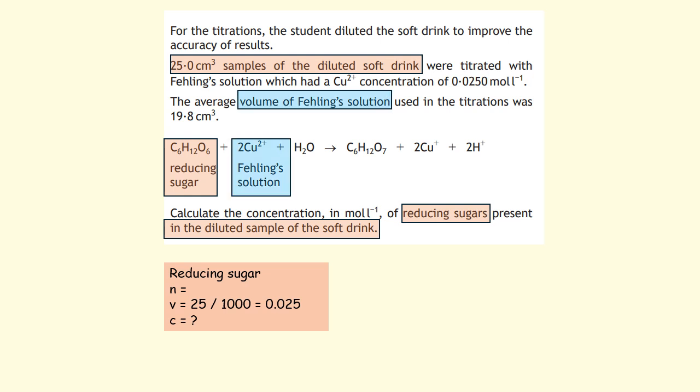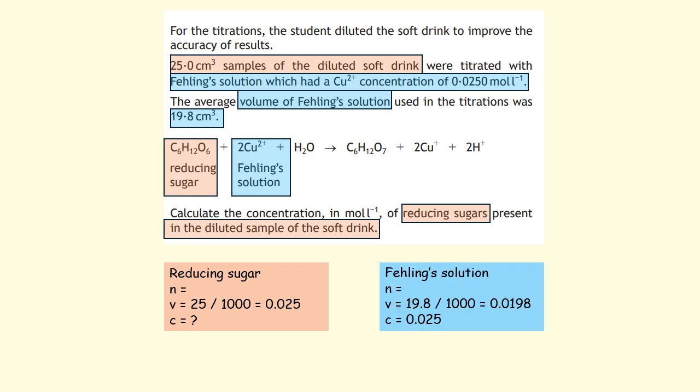Fehling's solution being that copper 2+. So we can see that in the question it tells us the volume is 19.8, and if we look at that first sentence, it tells us that the concentration is 0.025.